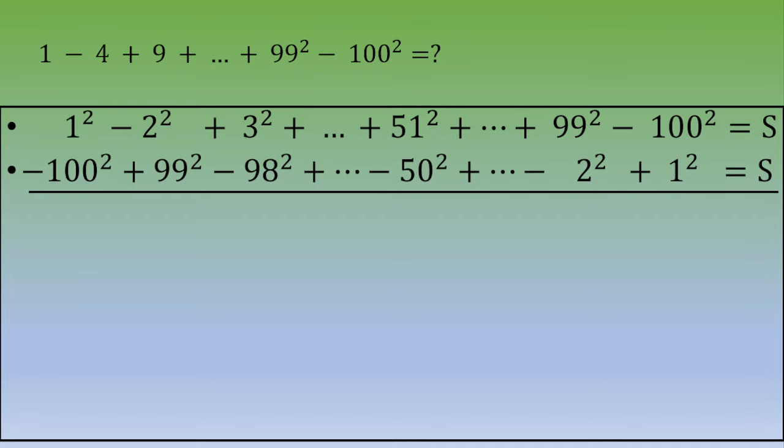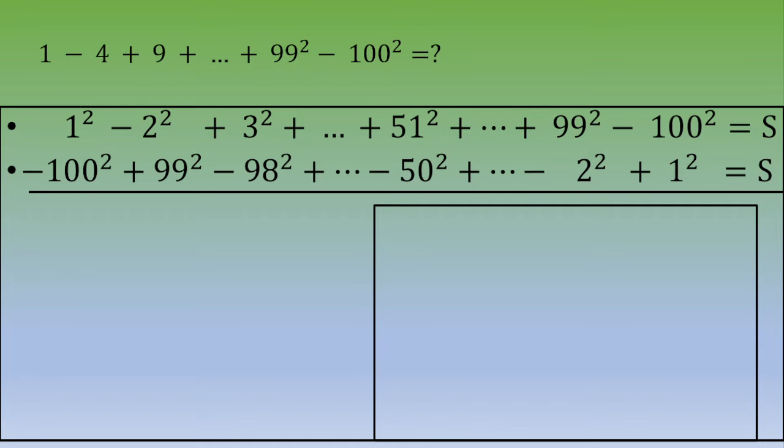We are going to add these two rows, but we are going to add two numbers at a time. Let's take care of these two numbers: this is 1 squared minus 100 squared. Now these two numbers: this is negative 2 squared plus 99 squared. Then these two terms: this is 3 squared minus 98 squared.